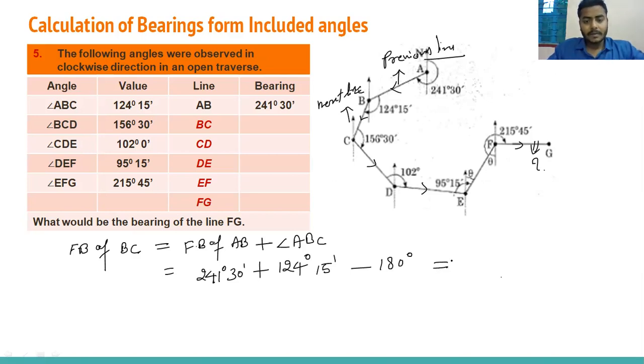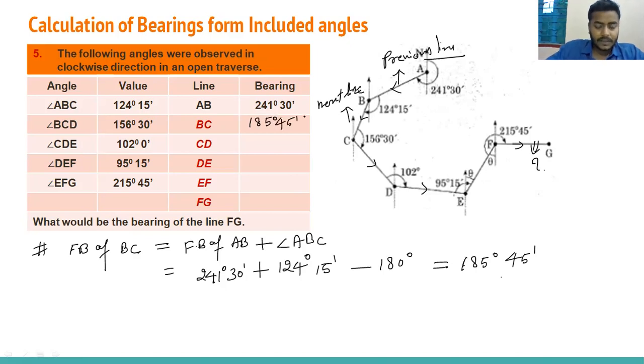What is the value coming? This value is coming 185 degree 45 minute, right? So we can fill this data here, 185 45.